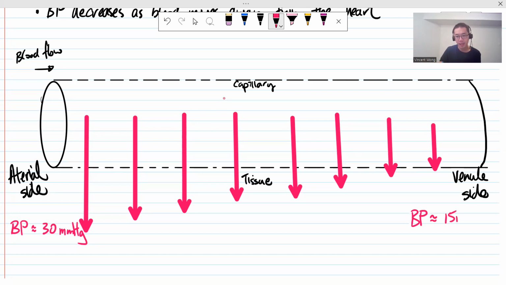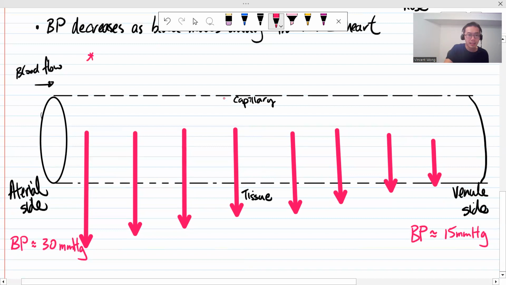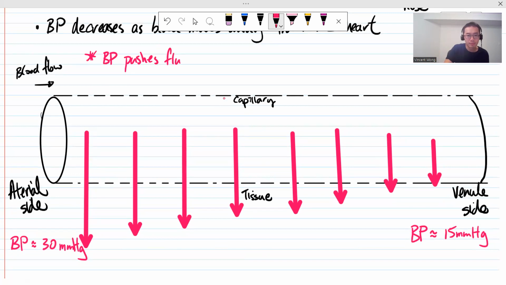So 15 mmHg. You don't have to memorize the numbers, okay? It will make sense why I put the numbers there in a bit. The key thing to know is that blood pressure pushes fluid, the liquid portion of the blood, out of the capillary.